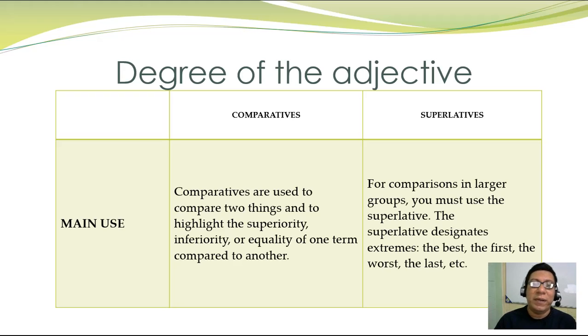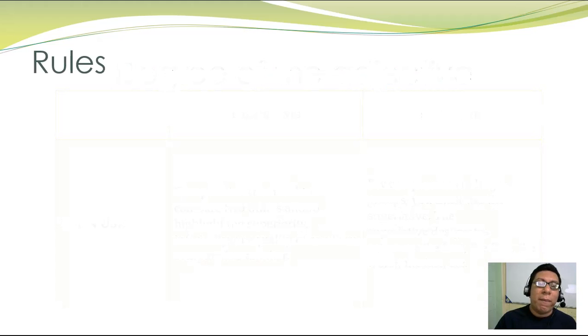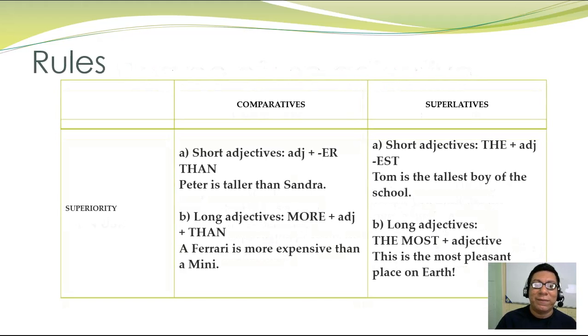In the case of superlative, we're going to say that for comparison in larger groups, you must use the superlative. The superlative designates extremes, for example, the best, the first, the worst, the last, etc. But let's go part by part. Let's start with the comparatives and superlatives.